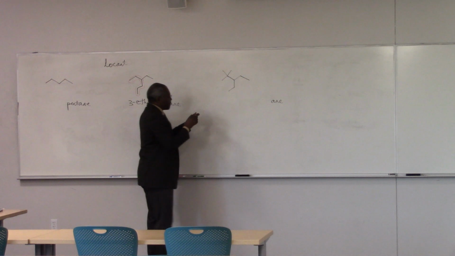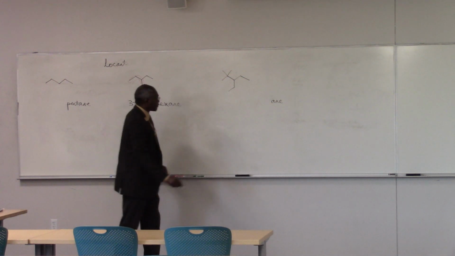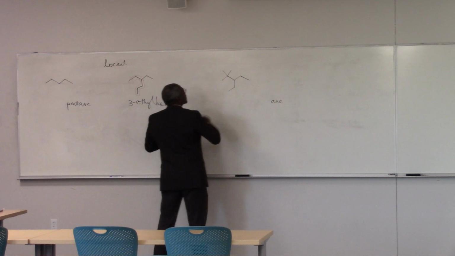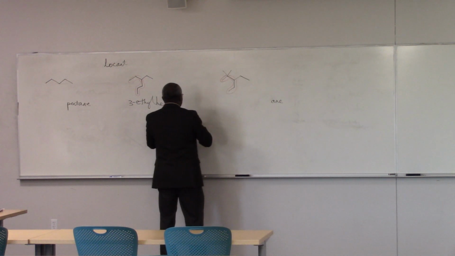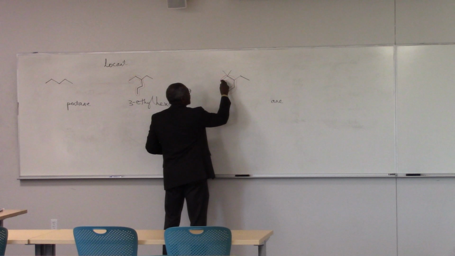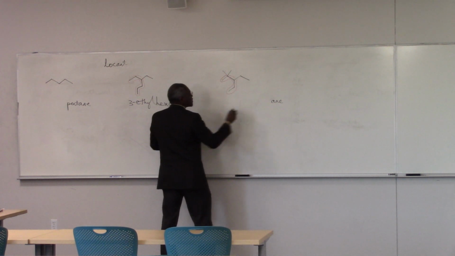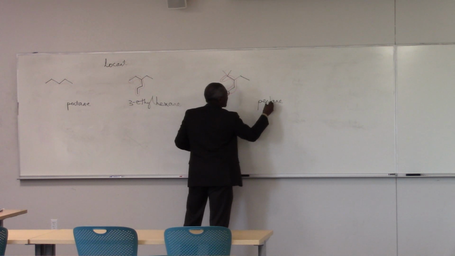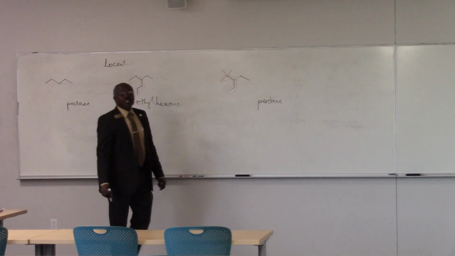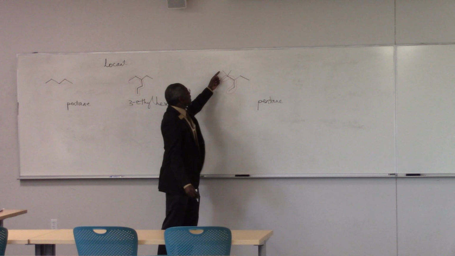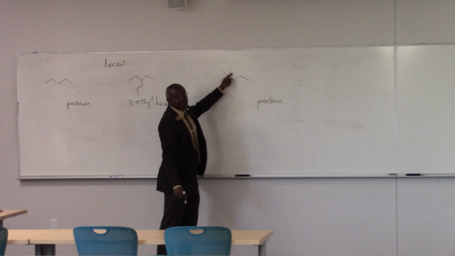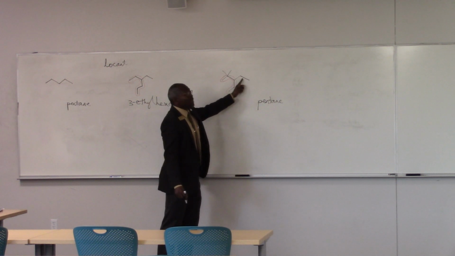Okay, so I picked this as my longest chain, and that has 1, 2, 3, 4, 5 carbons. So this is pentane. It's not just pentane, it's got 3 substituents. It's got methyl groups and an ethyl group.